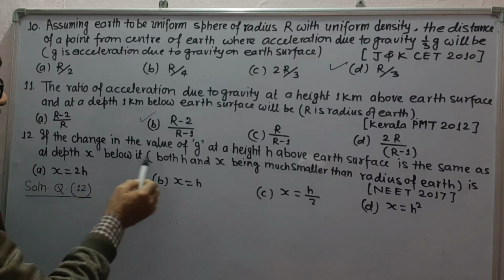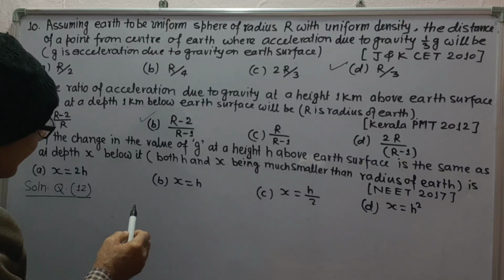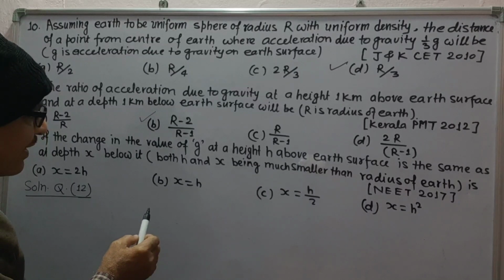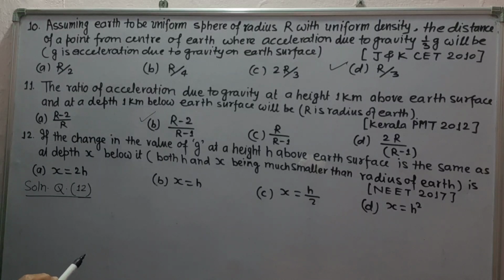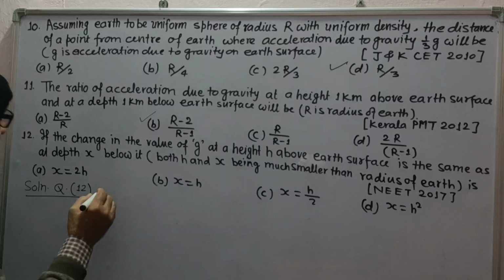Now according to the question, the change in the value of g at height h above Earth's surface is equal to the change in value of g at depth x below Earth's surface.